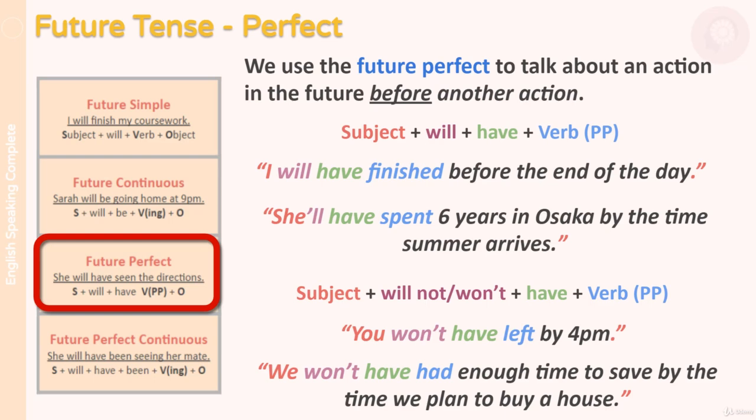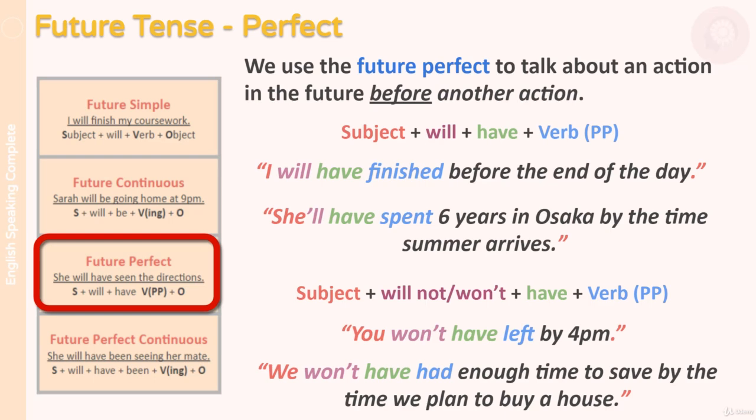Okay, so it does take a little bit more care when it comes to forming these structures. And actually, as you probably know now, the perfect tenses are a little bit more advanced in terms of where to add certain words, what types of verbs to use, what auxiliary verbs do we need?